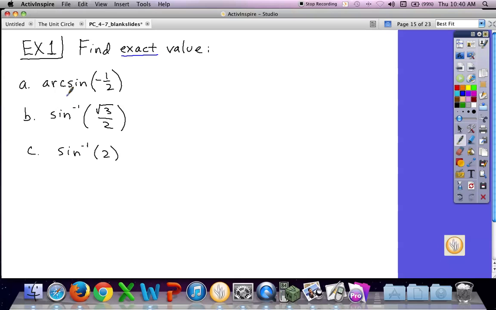When I see a problem like arc sine or sine to the -1 of -1/2, the way I read it to myself is, where does sine equal -1/2? Where does sine theta equal -1/2?